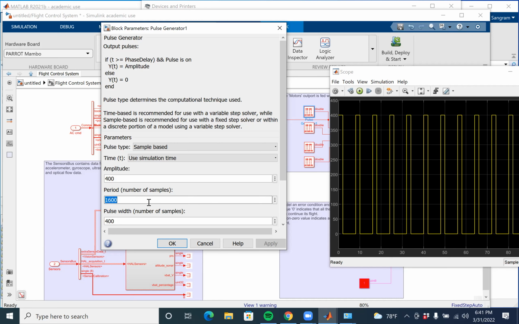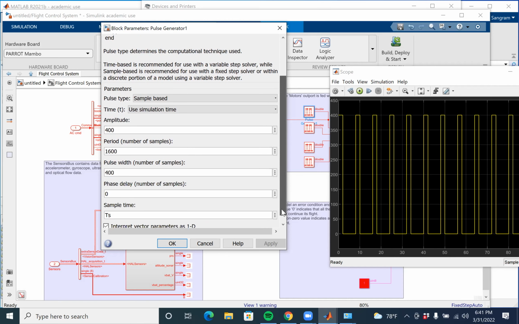Then if you go down, the pulse width, which is basically this guy, is 400. Which means the motor is on for 400 samples and then it is off for 1200 samples.